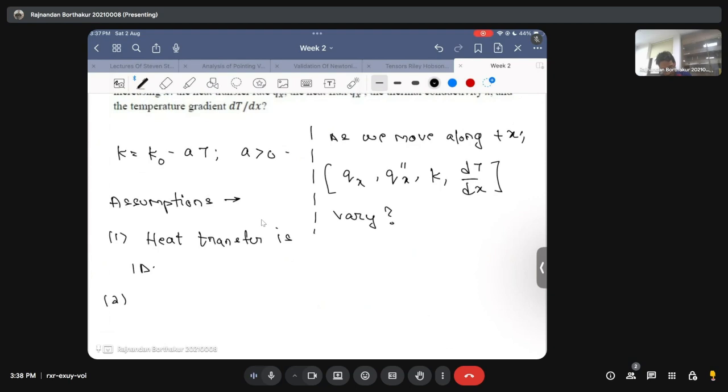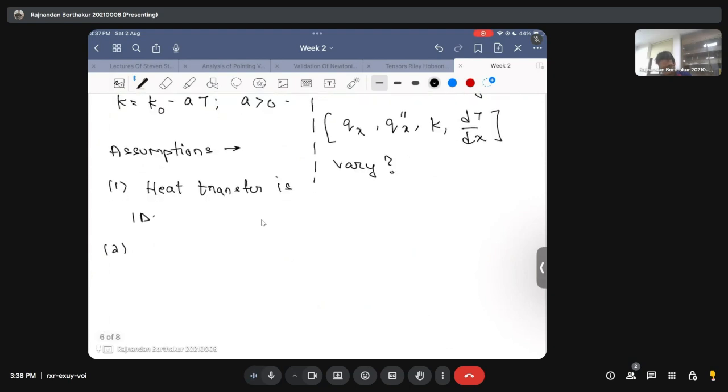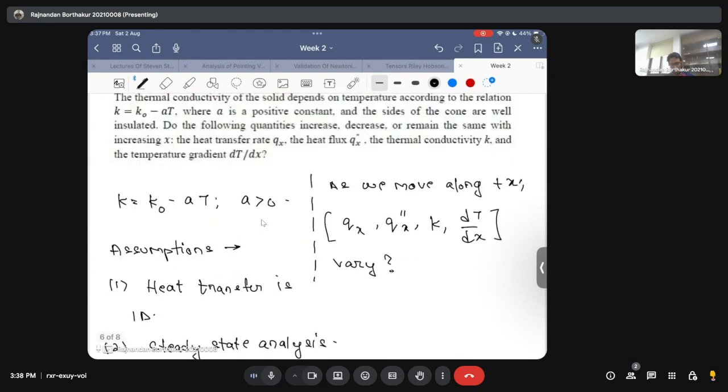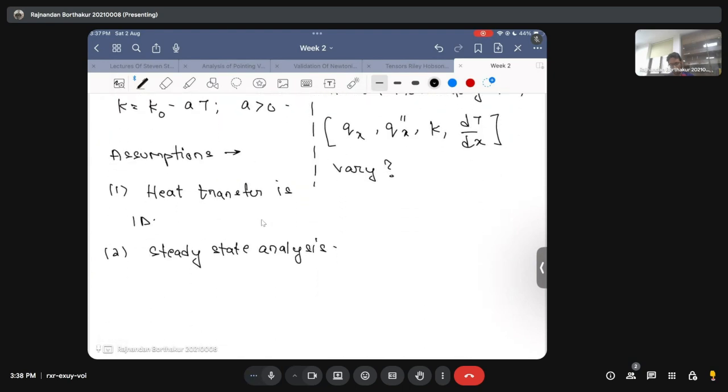Second, you can argue that this is a steady state analysis. Okay, all right, so given we consider these assumptions, and of course you can also say that there is no heat generation inside the control volume.